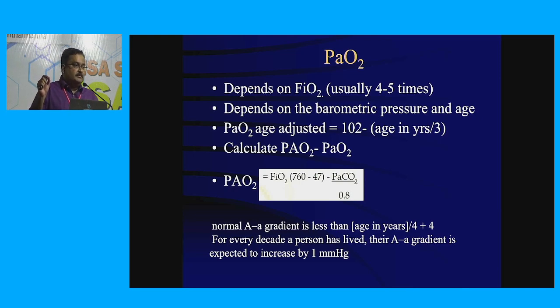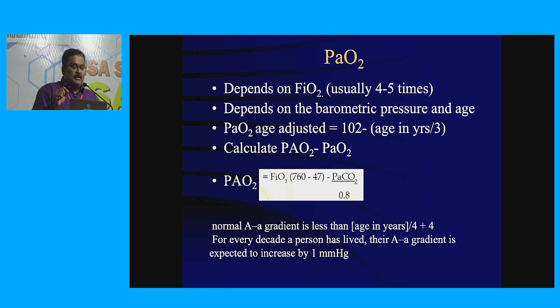What is 0.8? Respiratory quotient. How do you calculate respiratory quotient? Carbon dioxide eliminated by oxygen consumption, so that is 200 divided by 250. That is 0.8. Very good.